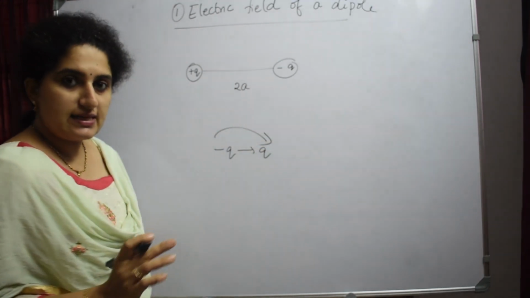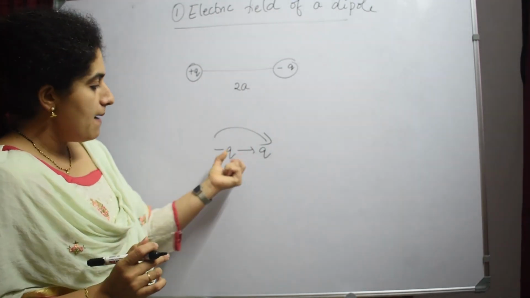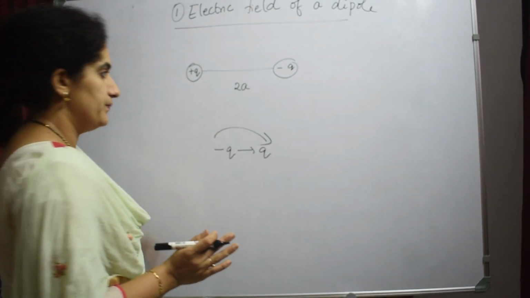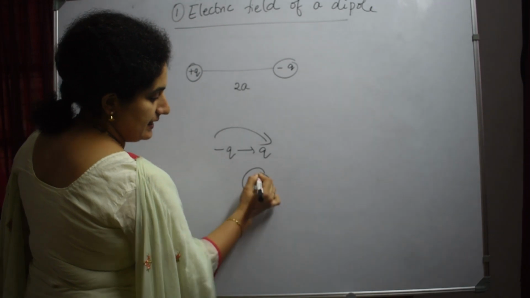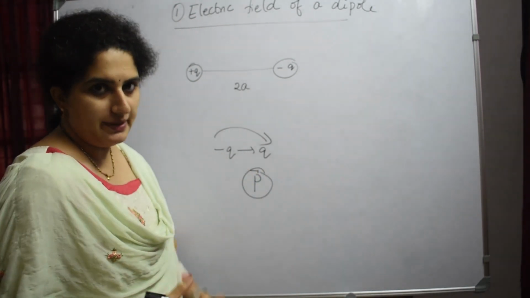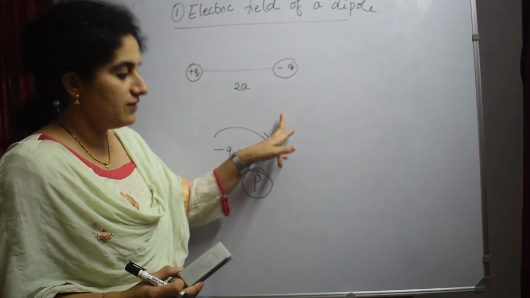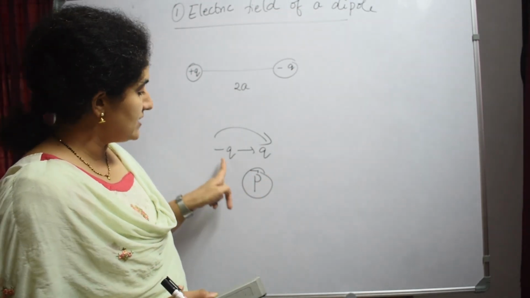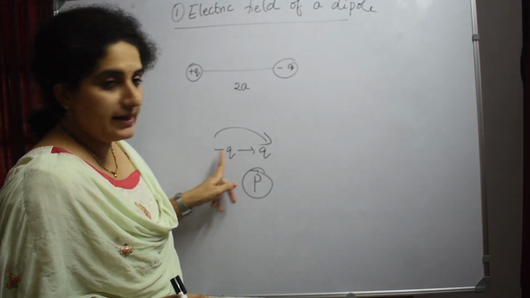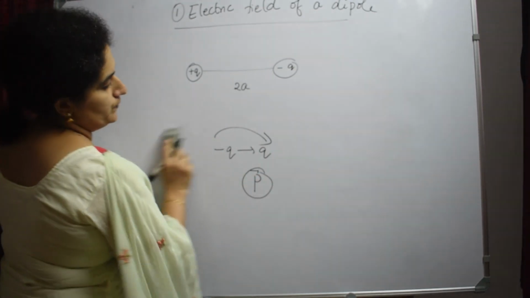This direction is considered universally, okay, minus q to plus q. That we will represent as P, which we will discuss later, called the dipole moment. Once I discuss this derivation, at that time I will explain the concept of dipole moment, which is always represented from minus q to plus q.